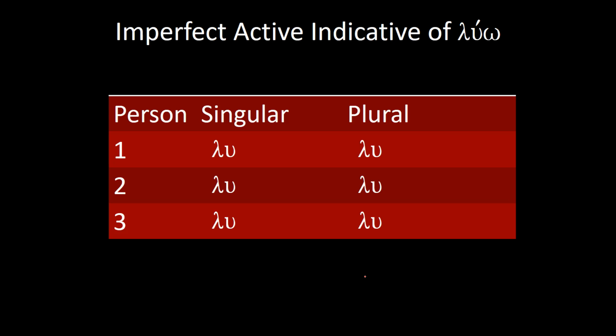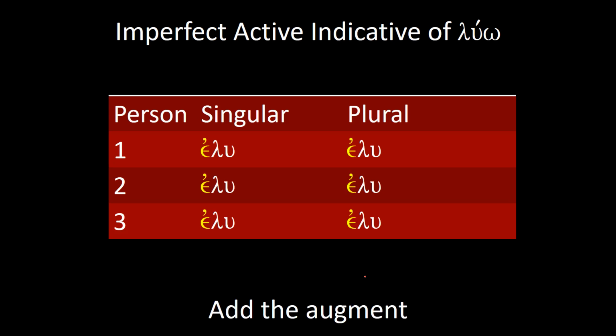By the way, luo is not very common in the New Testament, but here's why we use it. It is very regular. So it's going to behave the way we want it to behave. So this is why we always use luo. So we've got the verb stem lu. We're going to put an augment right at the very beginning. Notice it's an augment, the epsilon, smooth breathing mark.